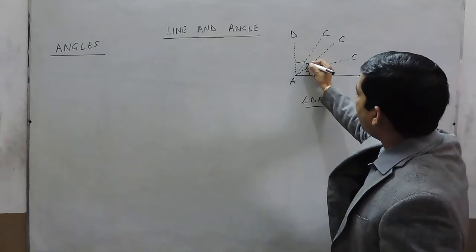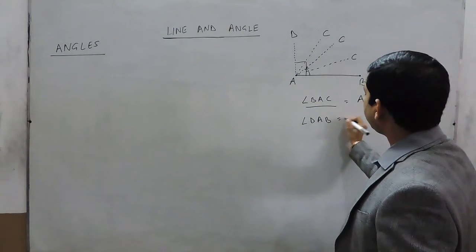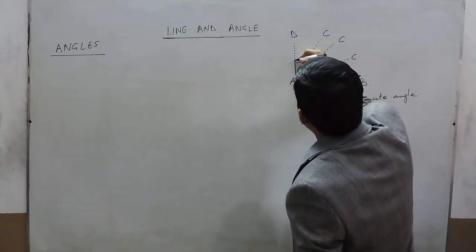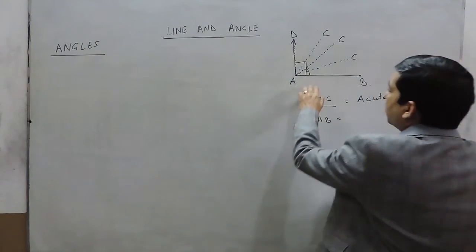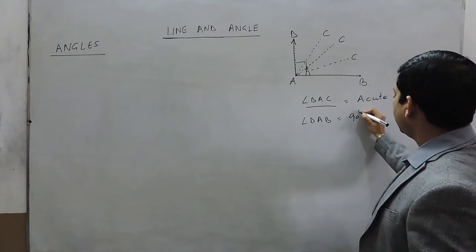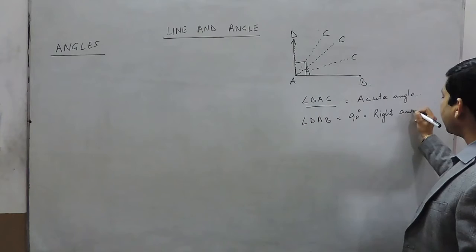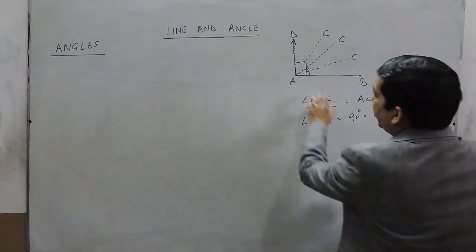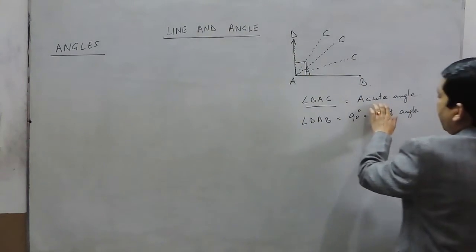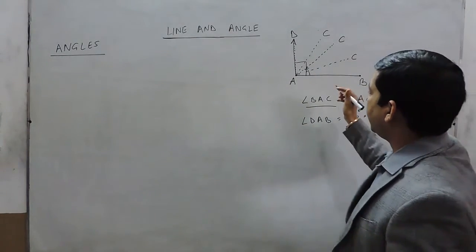When we talk about angle DAB, it is basically a straight line going over AB, and this angle is known as a right angle, and the measurement of this angle should be 90 degrees, and the measurement of an acute angle is definitely less than 90 degrees.